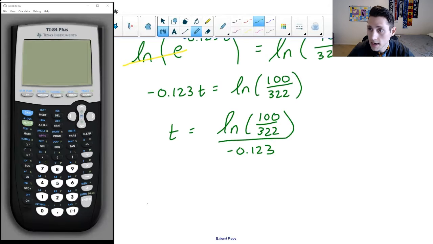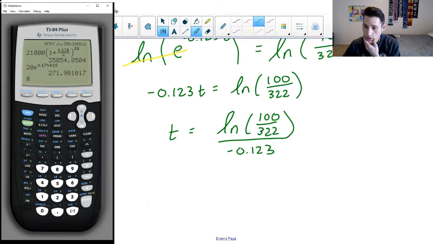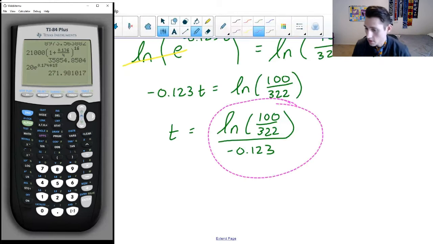But let me pull up my calculator. So just like with our last problems, we want to type all of this in together. Don't do it one step at a time. All right, just type it all in.